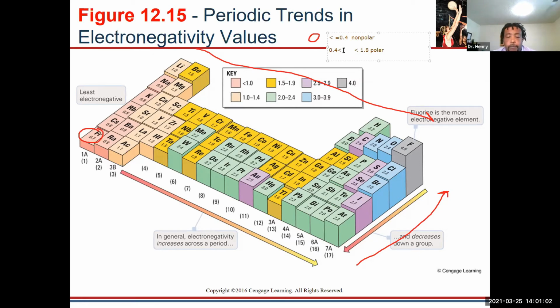And then if it's greater than or equal to 1.8, then it's going to be ionic or have ionic character.